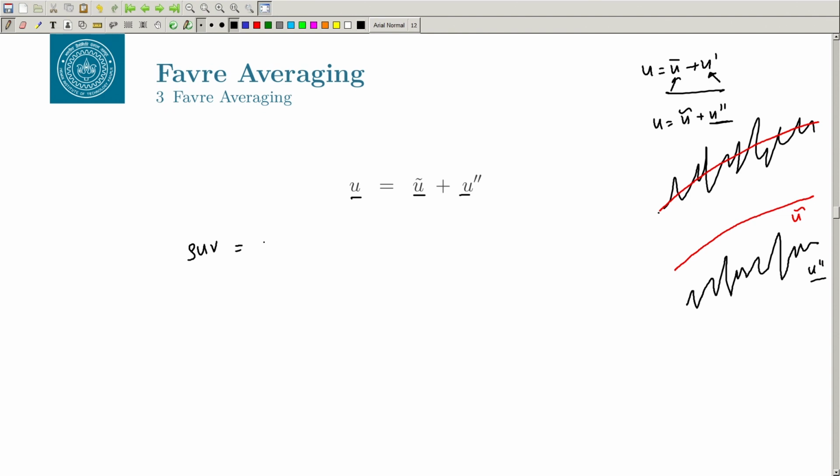Okay, rho u v. So, you can call it rho (u tilde plus u double prime), v is (v tilde plus v double prime), right.